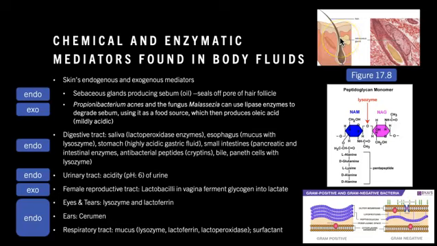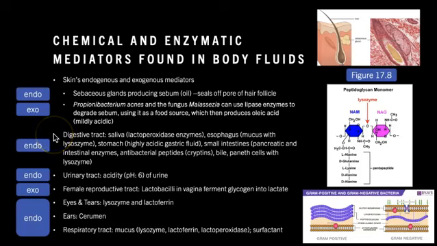Then we also have a special microbe known as Propionibacterium acnes and our fungus Malassezia that can use lipase enzymes to degrade that oil, that sebum, using it as a food source, which then produces something called oleic acid. And that acid is inhospitable to a lot of bacteria. Note that that was done through microbes, so that is going to be exogenous. So I have these little reminders on the side here.